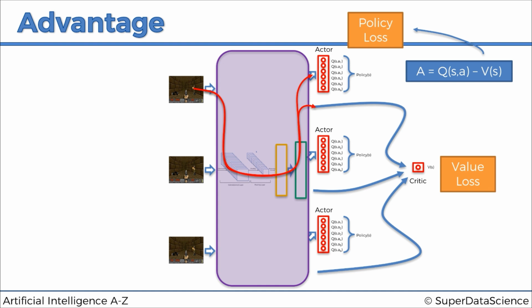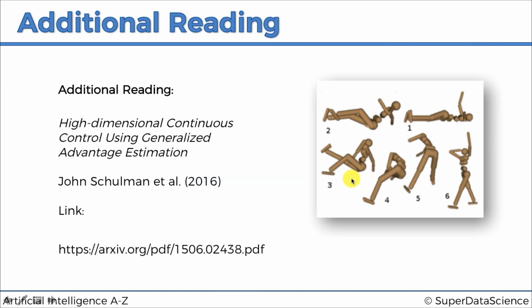And in terms of additional reading for today, we've got two elements. So first one is on the advantage. So here we've got high dimensional continuous controlling using generalized advantage estimation by John Schulman. And this is an image of a stick figure getting up, like standing up. And here you can find even more about advantage, and you'll find out the different types of advantages.